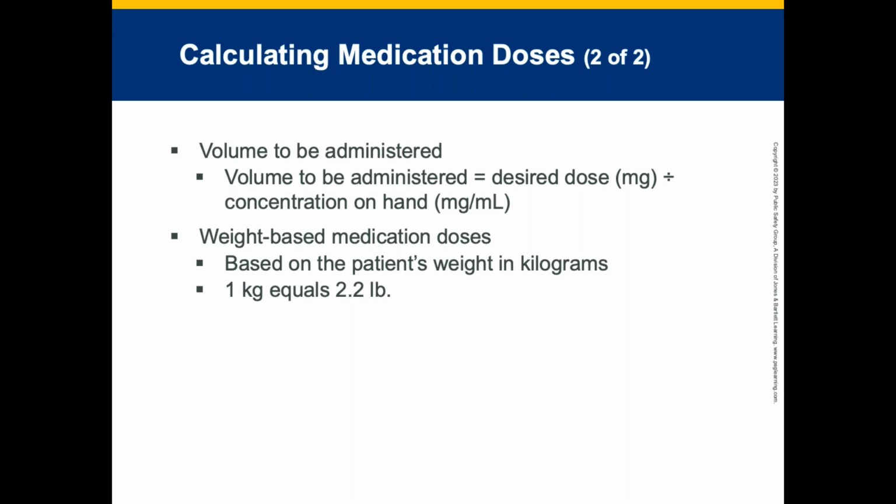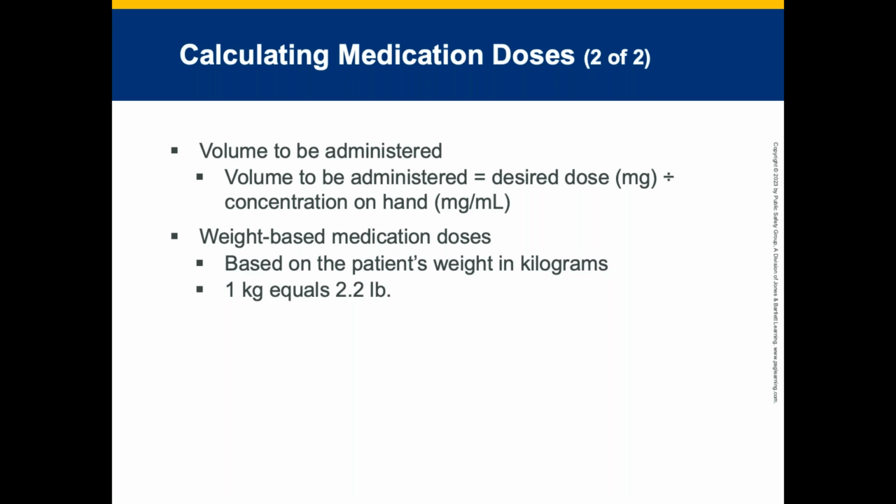So if I ordered you to give 12.5 grams of dextrose to a hypoglycemic patient, your supply comes in 25 grams of D50 in 50 mLs. How many mLs do you give? Everybody can do math a little bit differently.